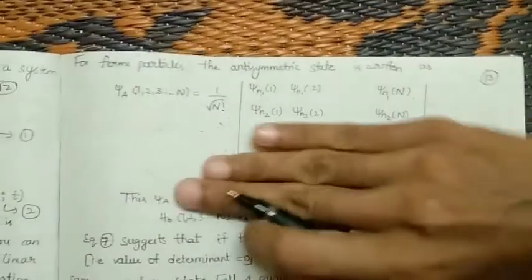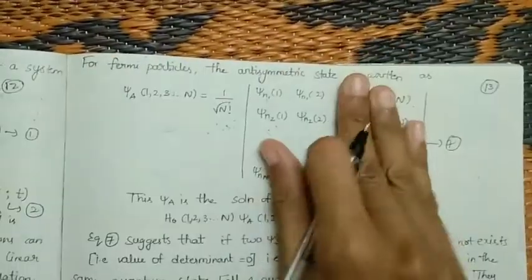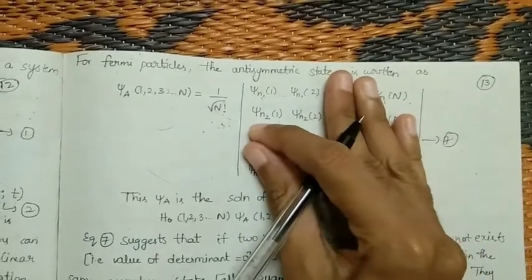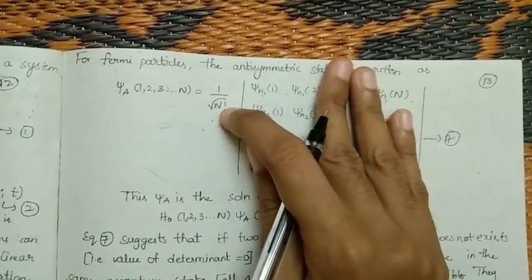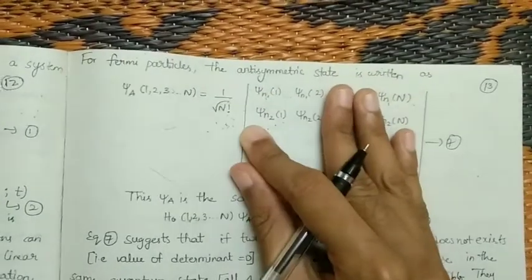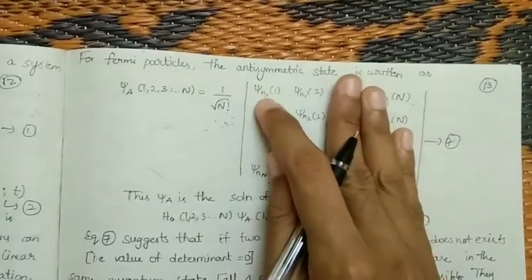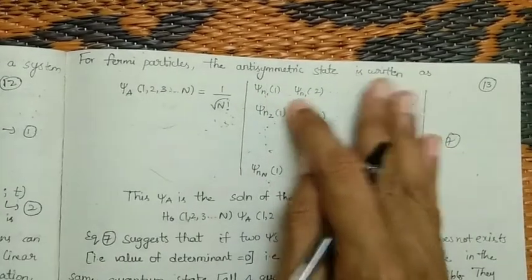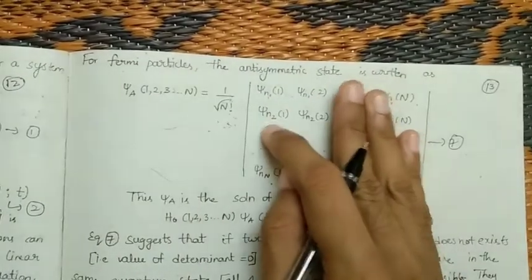Now consider the case of two particles. For two particles we would have only this much. In place of n factorial, we would have 2 factorial, so 1 by root 2. Here the determinant of this is nothing but n1 of 1 into n2 of 2 minus n1 of 2 into n2 of 1.